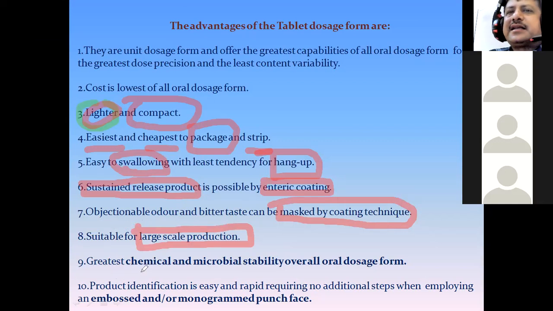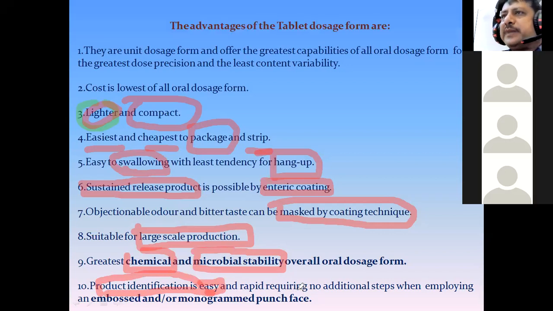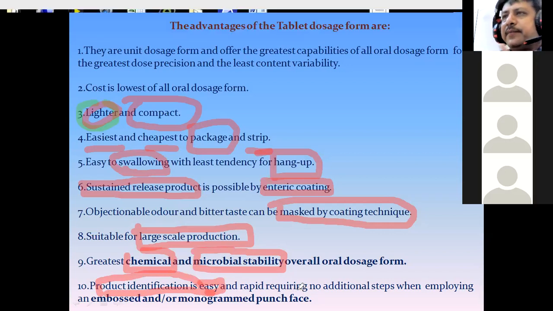So you can see the greatest chemical and microbial stability with respect to other dosage forms. Tablets will provide you more chemical as well as microbial stability. And the other unique feature is that product identification is very easy and rapid in tablet dosage form, and it requires no additional step when employing an embossment or monogram punch face.